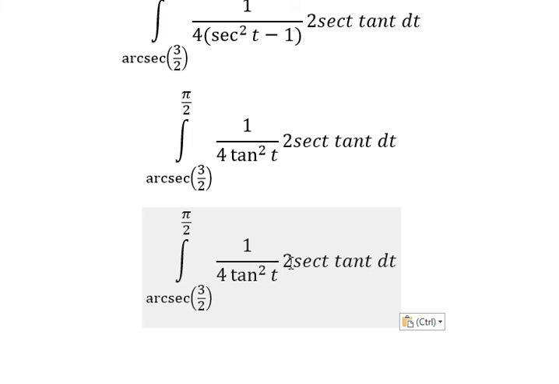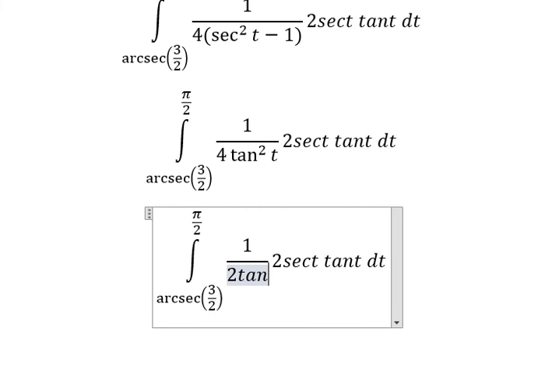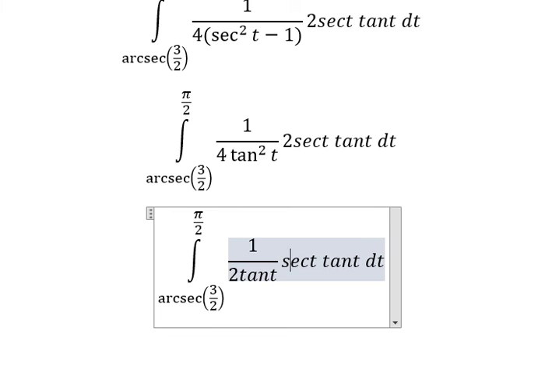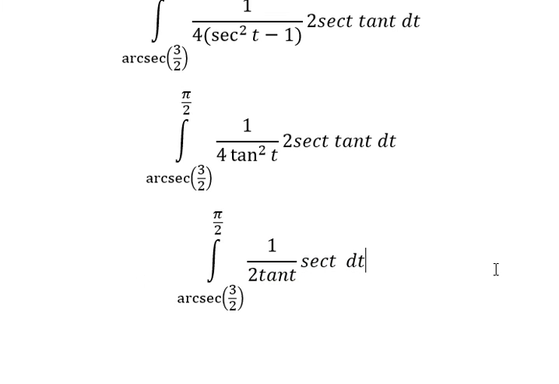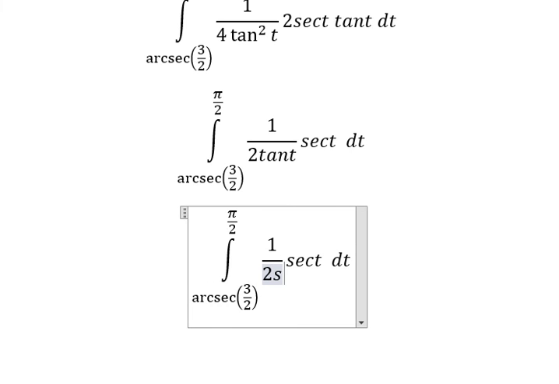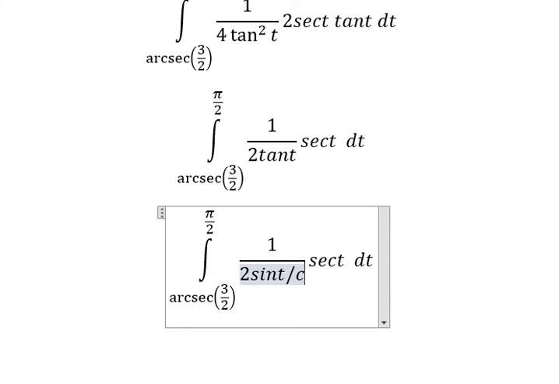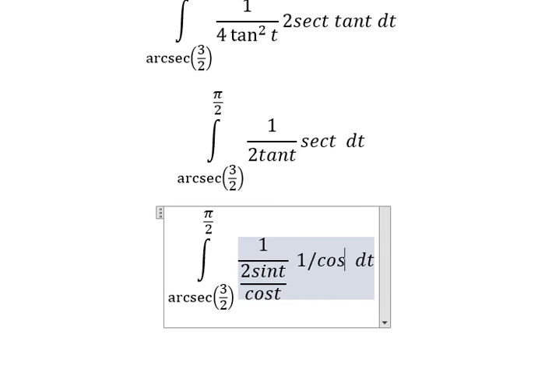Now we simplify 2 tan t on the numerator and denominator. So this one we change by sin t over cosine t, and this one we change by 1 over cosine t.